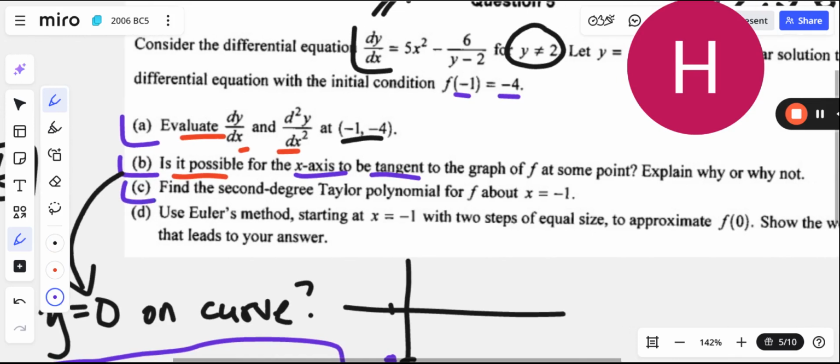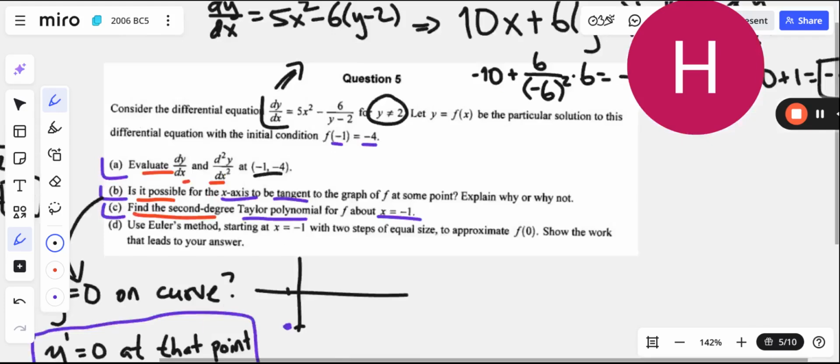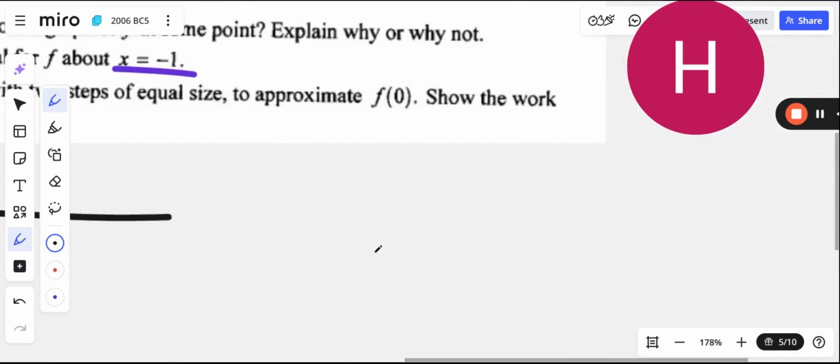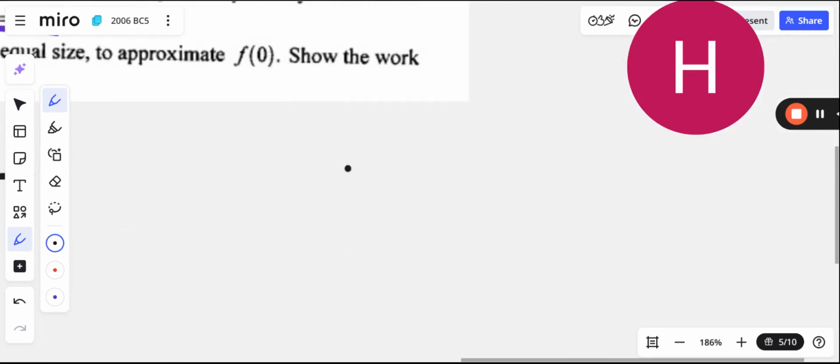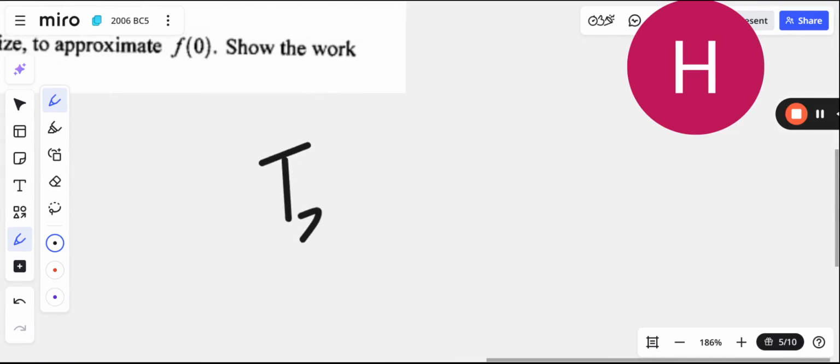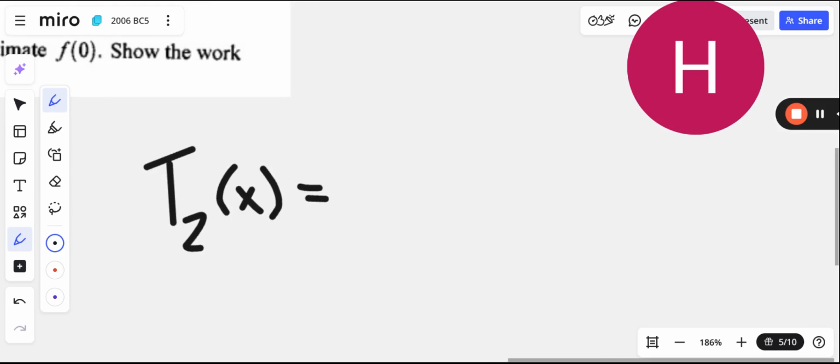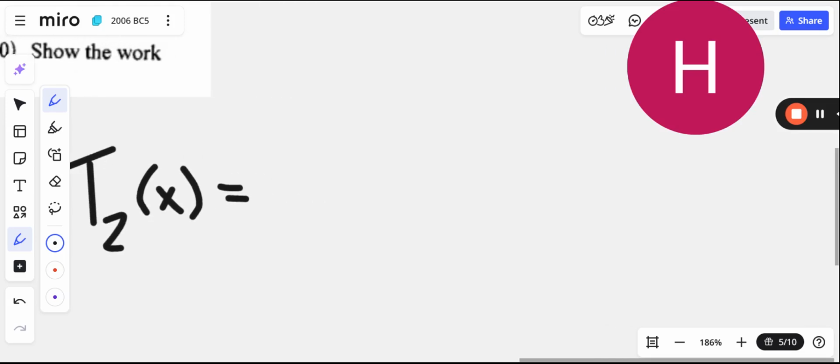Part C is where we've got to do some work. Find the second degree Taylor polynomial for f about the point x equals -1. So a reminder of the Taylor polynomial, especially if we're doing T2, where the 2 refers to the degree: T2 of x centered at -1 is going to look like this.